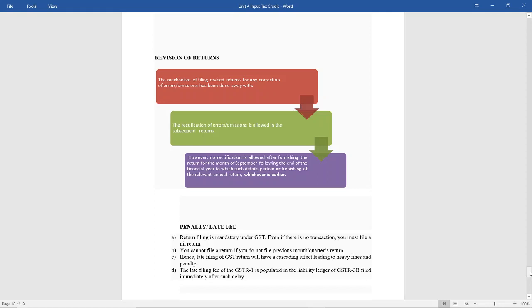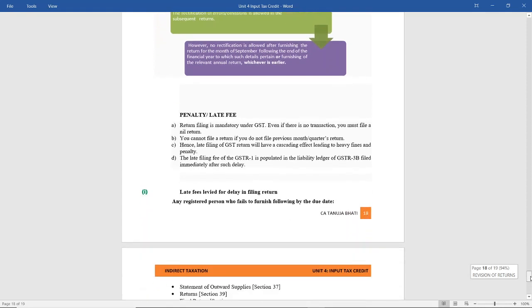Simple answer is no. You are not allowed to revise the return once you have filed. But you can rectify that mistake in your next month's return. Now in September month's return, I can rectify the mistake that I made in the August month's return. So revision of returns is not possible, but you can rectify the mistake in the subsequent month's return.